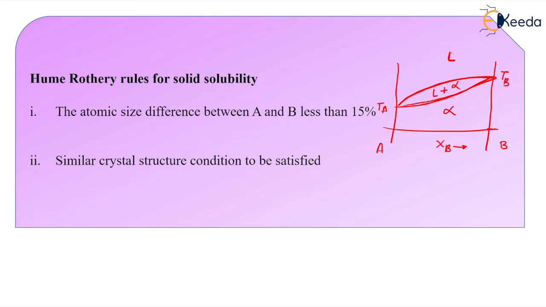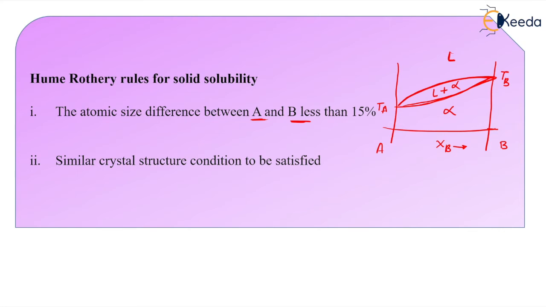The first rule says that the atomic size difference between A and B should be less than 15%. Then and only then can the phase diagram be possible. So A and B should have atomic size differences of less than 15%.